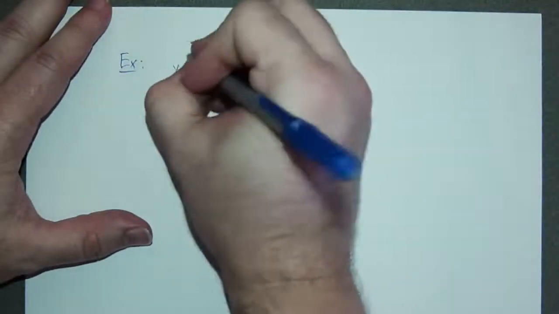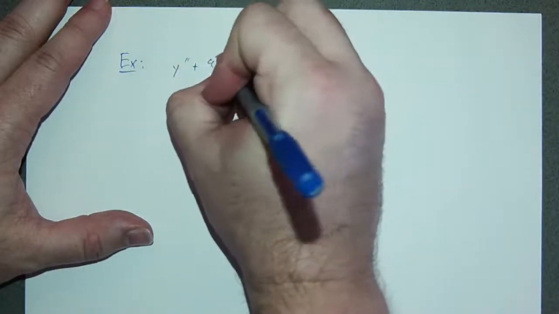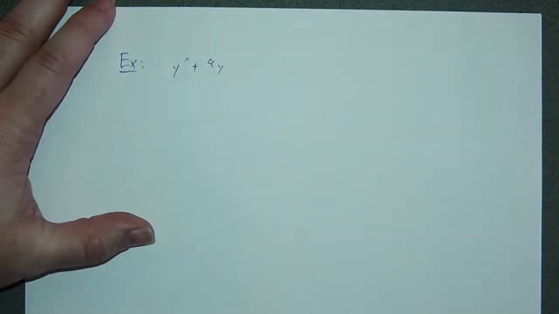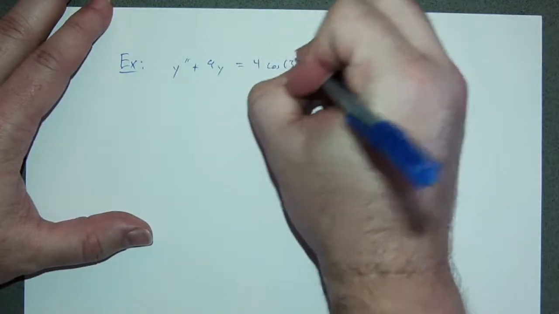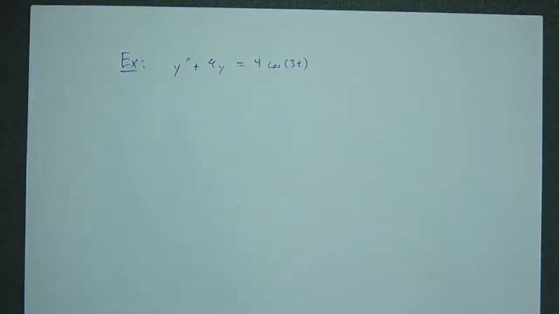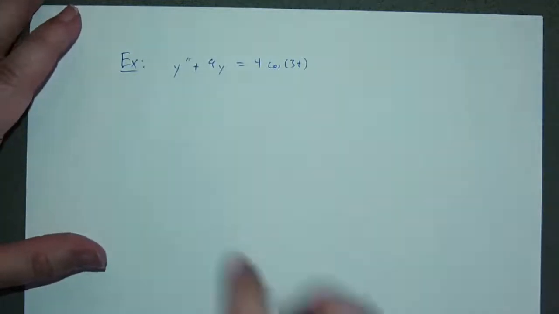So y double prime plus 9y is equal to 4 cosine of 3t. Okay. So, what do we do here?